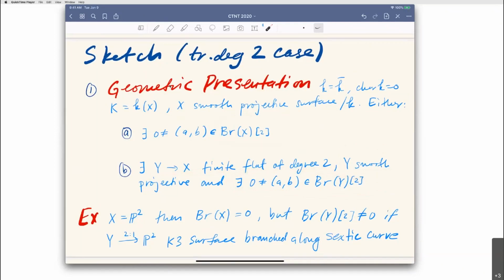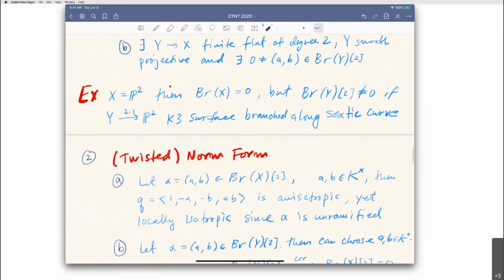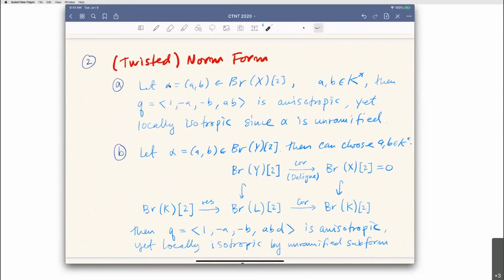A probably standard example is X is P2, where the Brauer group is trivial, but if we take a 2-to-1 cover of P2 branched along a sextic, that's a K3 surface, which is very well known to have lots of unramified Brauer classes. Then we form the so-called twisted norm form. If we're in the first case and we have an unramified quaternion algebra over X, then we can just take the norm form of that quaternion algebra, and it's definitely anisotropic because the quaternion algebra is non-split.